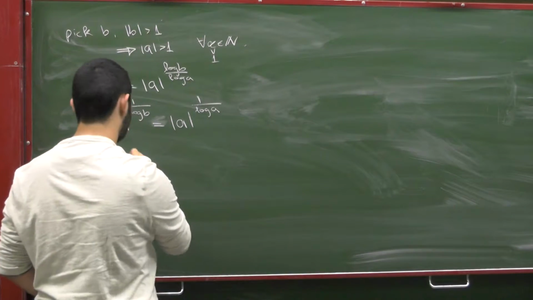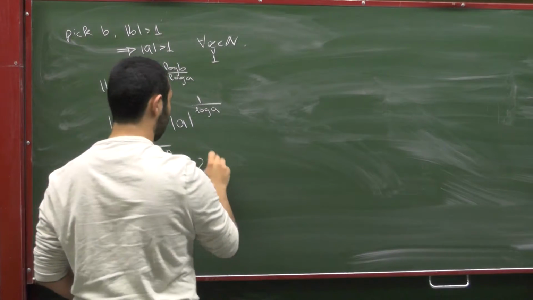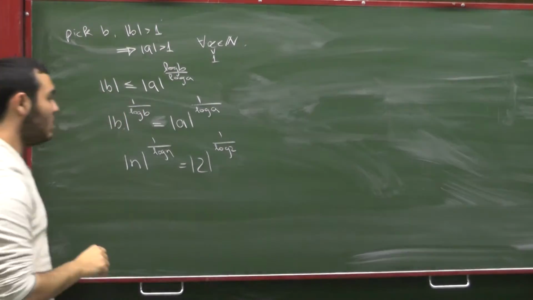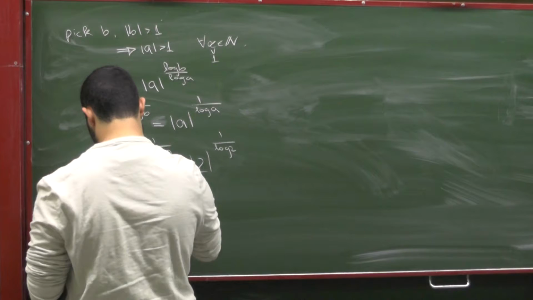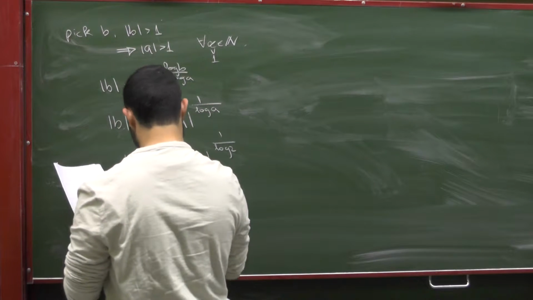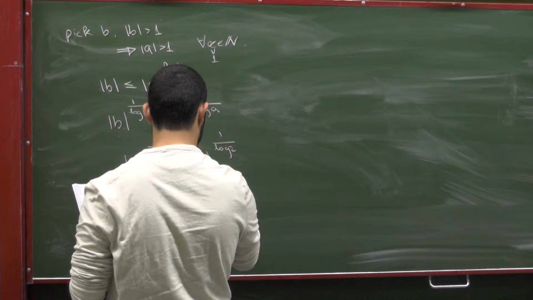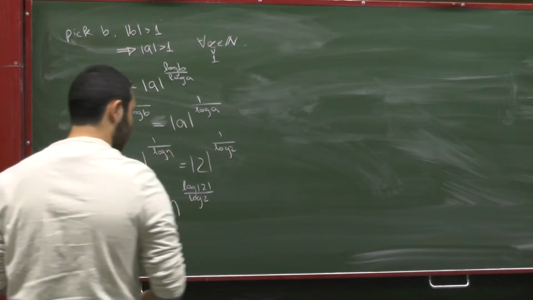So this means if I take a equals 2, I have this, and then basically reading back as I did there, I get that the absolute value of n is exactly n to power log 2 over log 2.